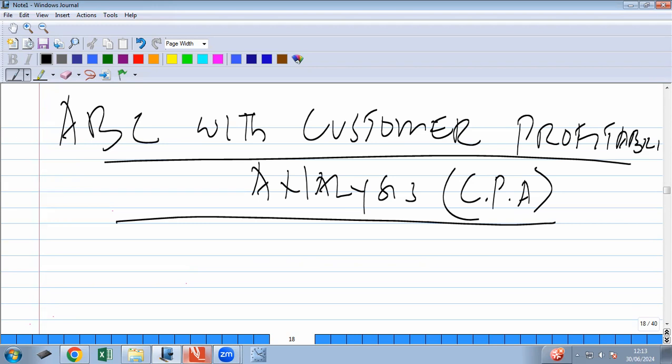A customer can come in and you give a discount. If you charge 10,000 for product A but reduce to 9,000 for another customer, that discount is a cost to that particular customer.